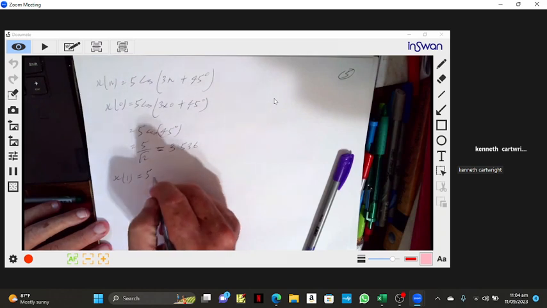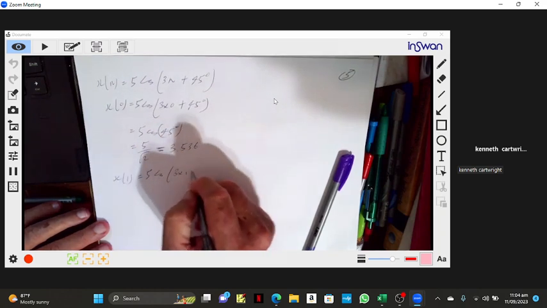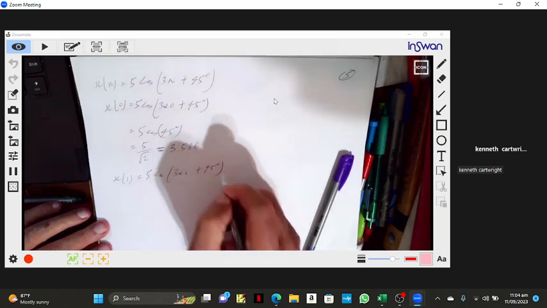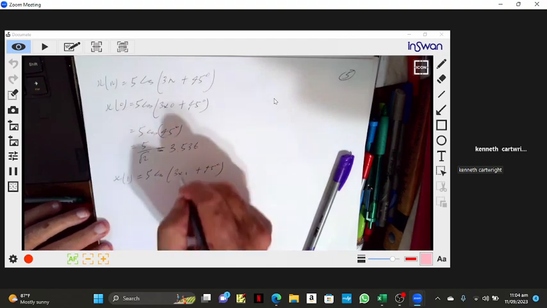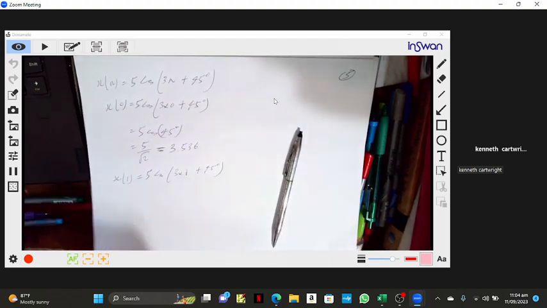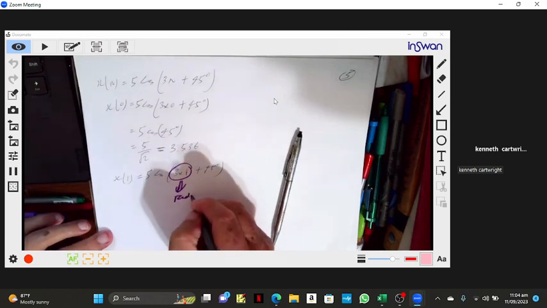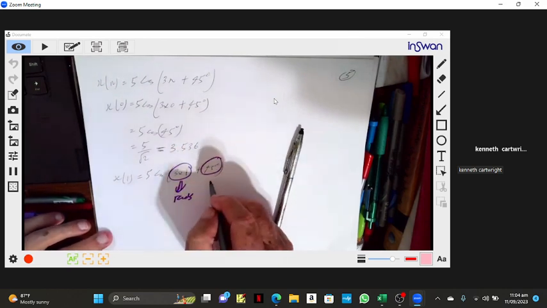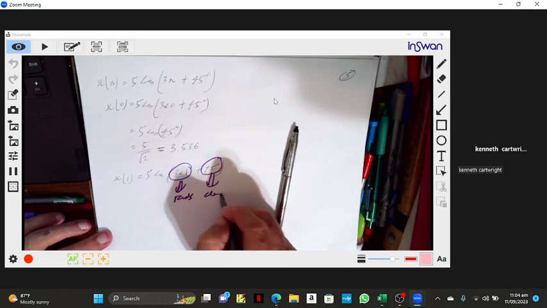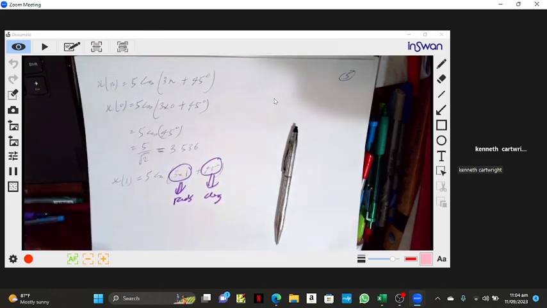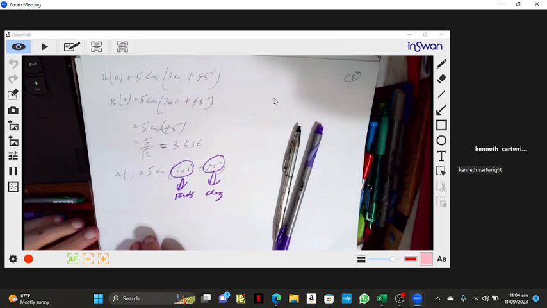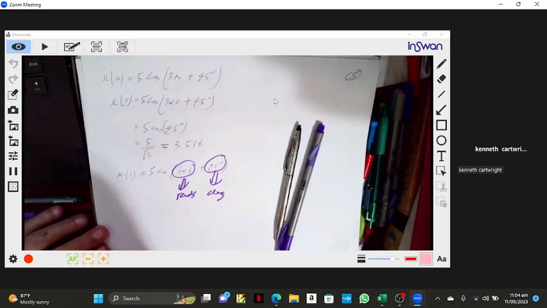So this is 5 cosine 3 times 1 plus 45 degrees. But the thing to note is, this is radians. That's radians, this is degrees. You can't add apples to oranges.